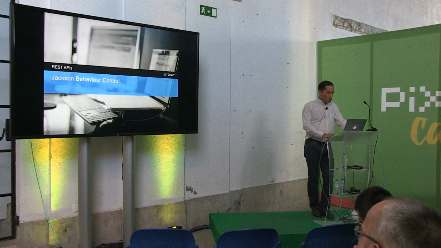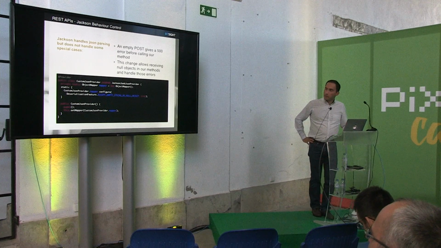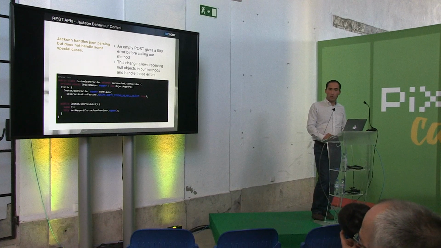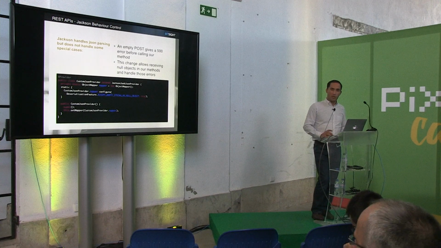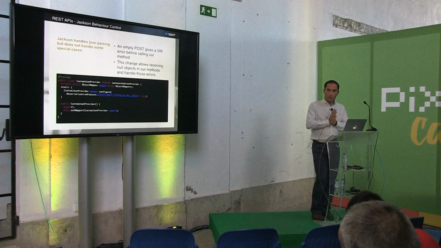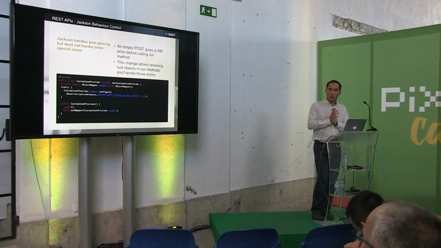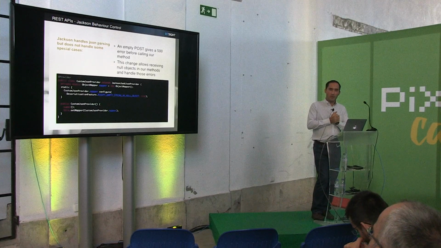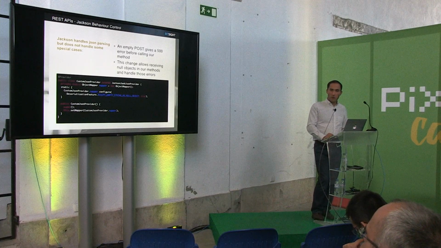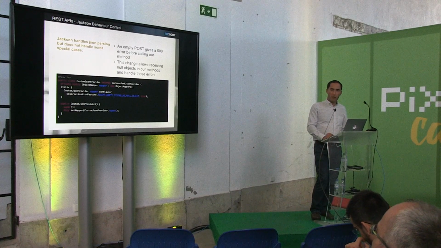Just a side note on Jackson behavior control, because Jackson is the framework that decodes your JSON and converts it to objects. But one of the Jackson behaviors that needs to be changed by default is when I do a post that is empty. If I do an empty post, it will tend to give you a 500 error without even calling your method.